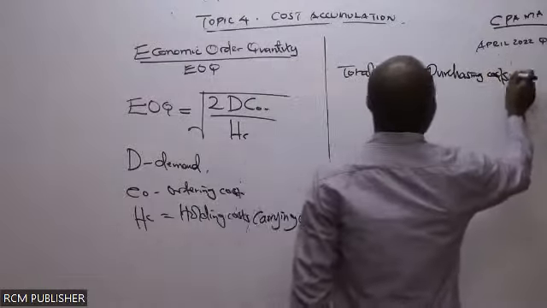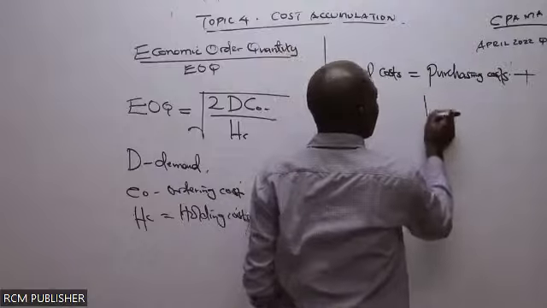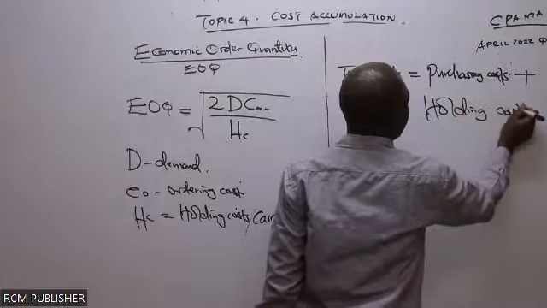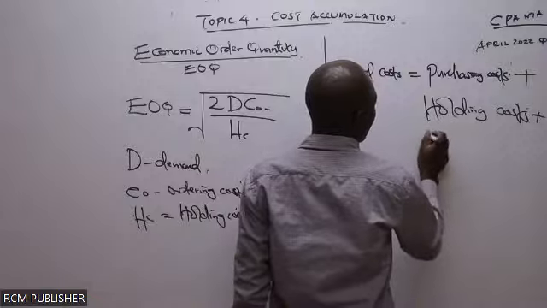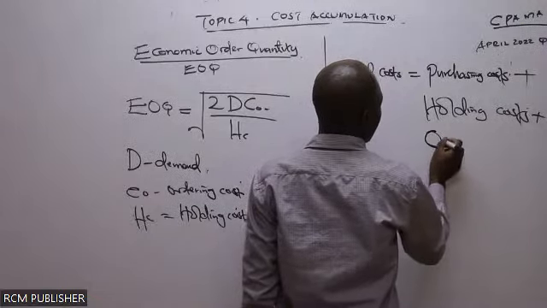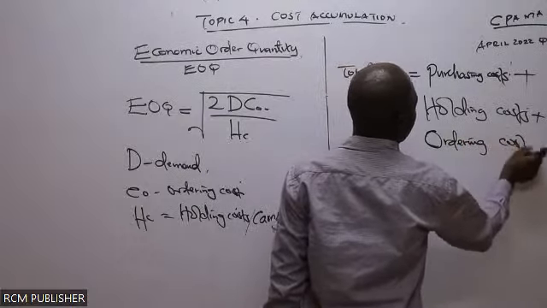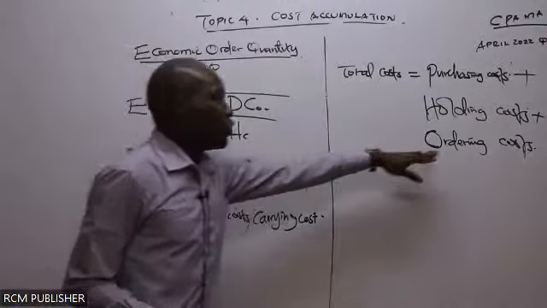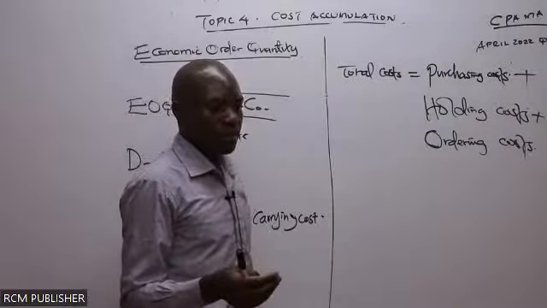We are going to add that to what we call total holding costs. We are going to add that to total ordering costs. For us to get ordering cost, we are going to look for the number of orders.